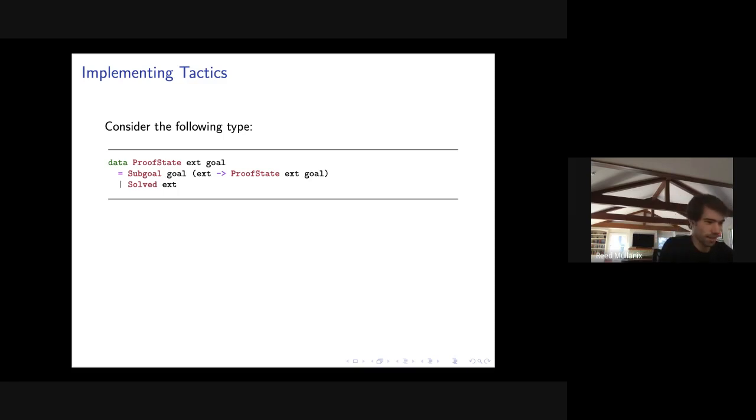And of note, this actually solves a big problem with tactics, which is dependent subgoals. So if you don't know too much about proof assistants, don't worry about this part. You can kind of tune it out. But when you're trying to produce something like an existential or a sigma type, you end up in a weird situation because the type of the second subgoal depends on the value you synthesized for the first. And this shows up in quite a few contexts.